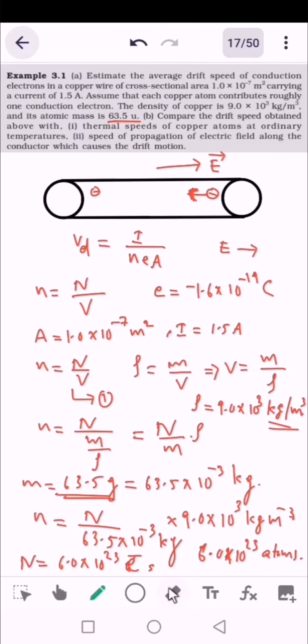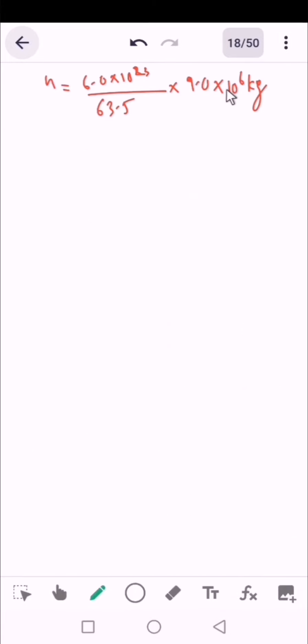When this 10 raised to minus 3 goes to the numerator, it becomes positive, and along with the 10 raised to 3, it becomes 10 raised to 6. Now when you calculate this, n will be 8.5 into 10 raised to 28 meter raised to minus 3. So we got the value of n.